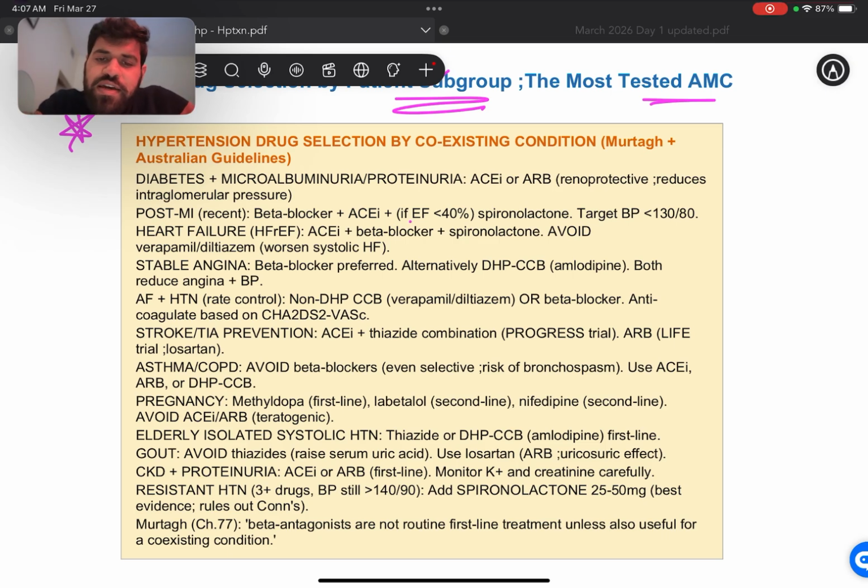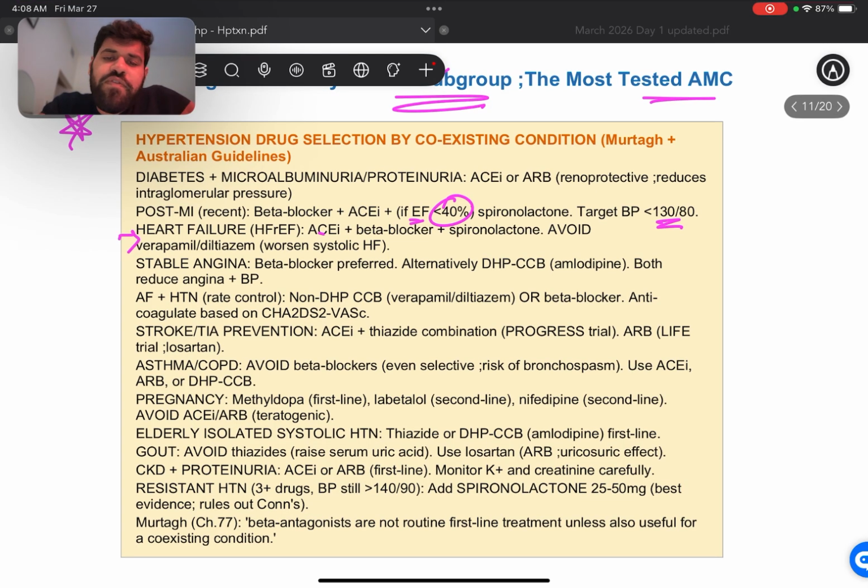ACE inhibitors are only added if ejection fraction is less than 40. Target BP is less than 130 by 80, and if the person has HFrEF, you give ACE inhibitors, beta blockers, and spironolactone. Again, same for post-MI or HFrEF. We avoid CCBs in this because they are going to worsen the systolic heart failure.